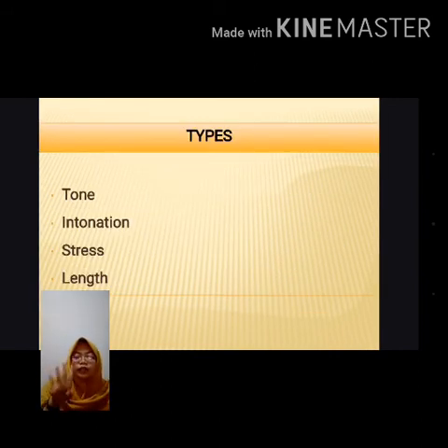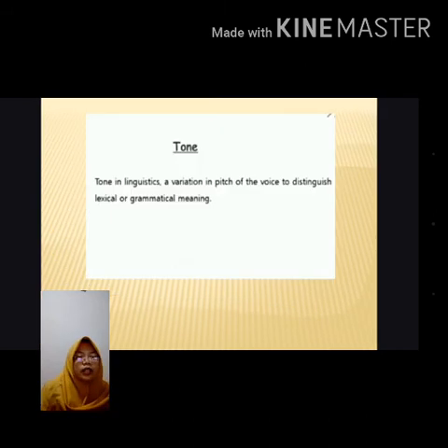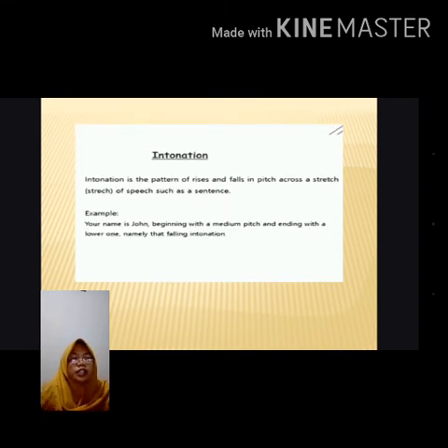There are four types in prosodic phonology: tone, intonation, stress, and length. Tone. Tone in linguistics is a variance in pitch of the voice to distinguish lexical or grammatical meaning. And next, intonation.